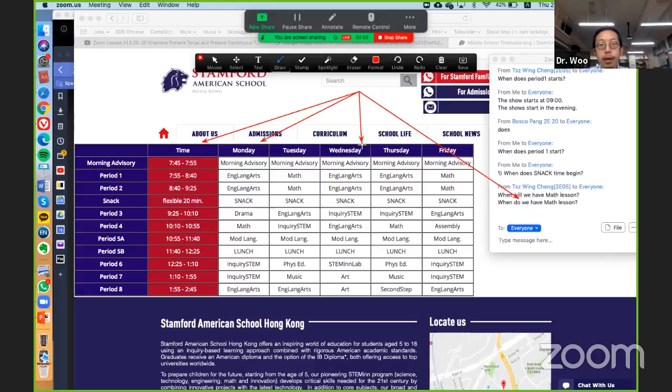Okay, great. So we use the present tense because we always have math lesson here and here.